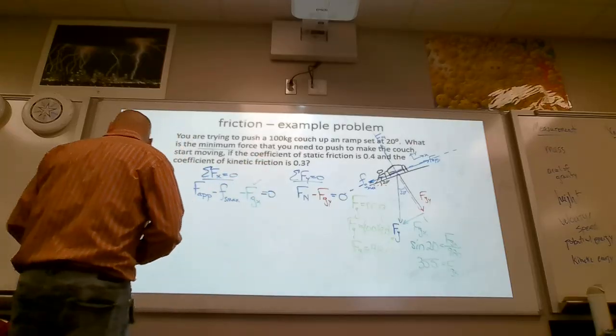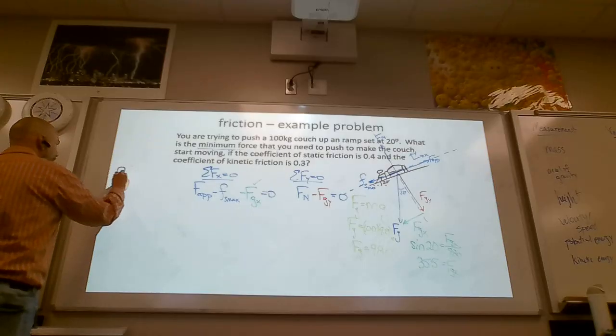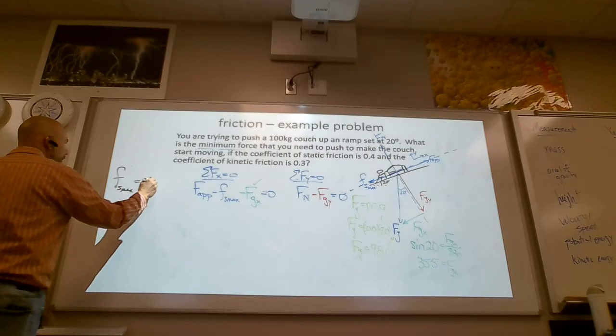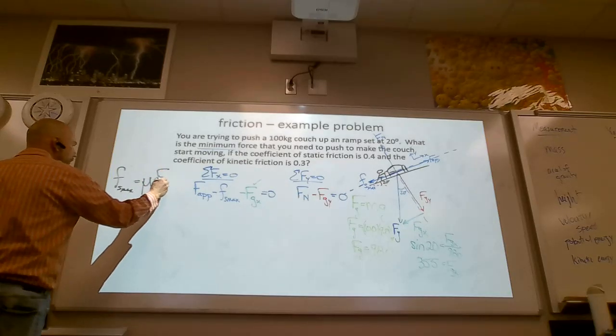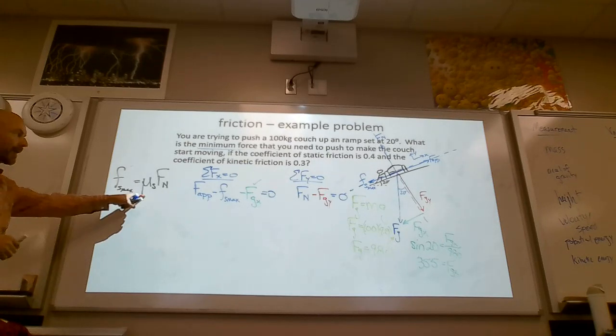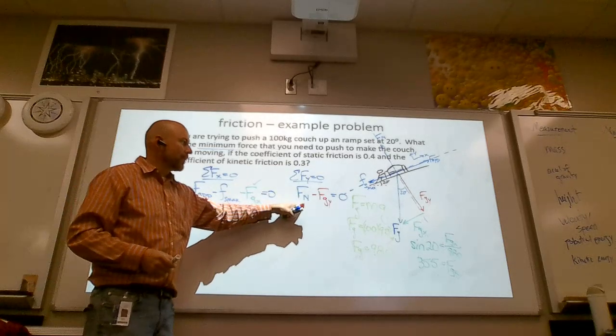So maximum static friction is equal to coefficient of static friction times normal force. Okay. All right, I've got the coefficient 0.4 times normal force. I don't have that. Where do I find normal force? Okay.